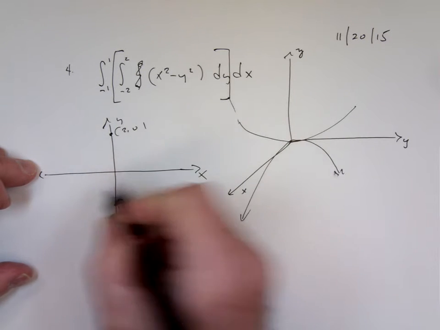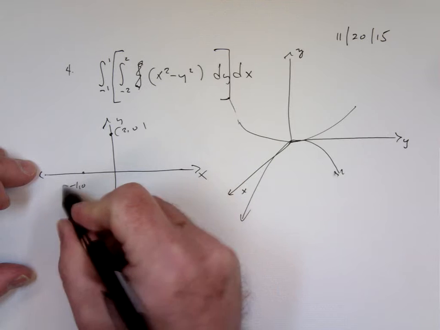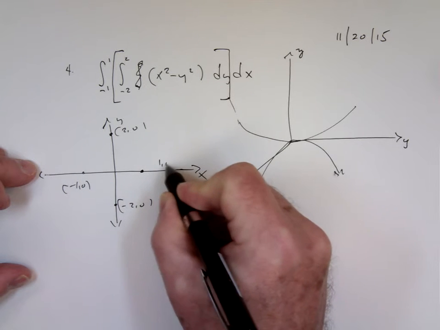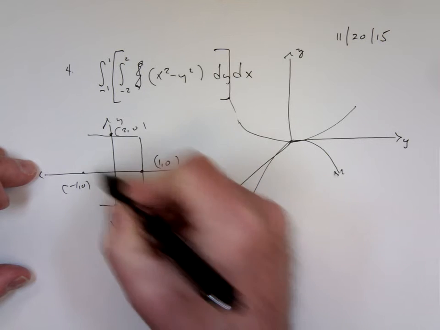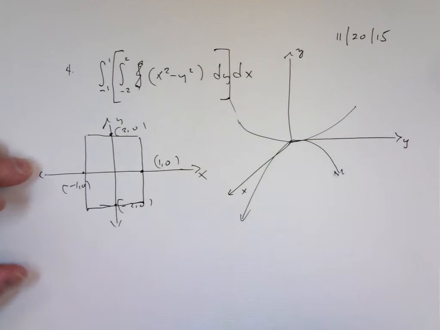The x's are going from -1 to 1. You've got this rectangular region. What you're doing here is finding the volume underneath this saddle over that rectangular region in the xy plane. That's what that double integral is giving you. Okay?